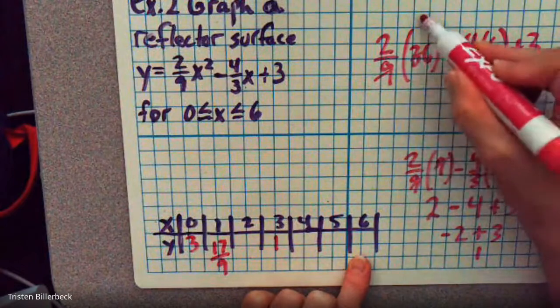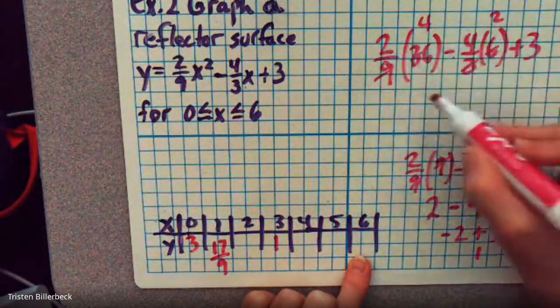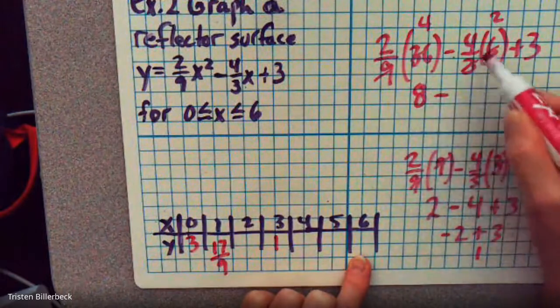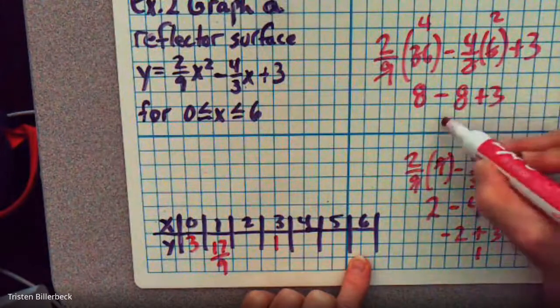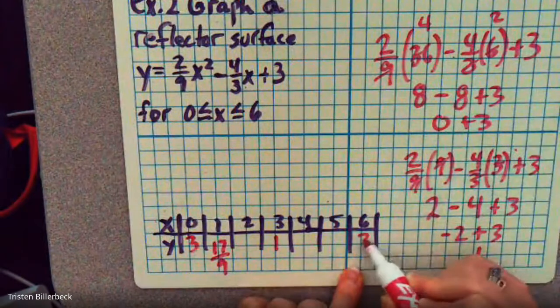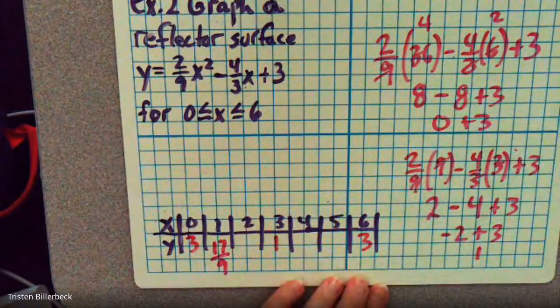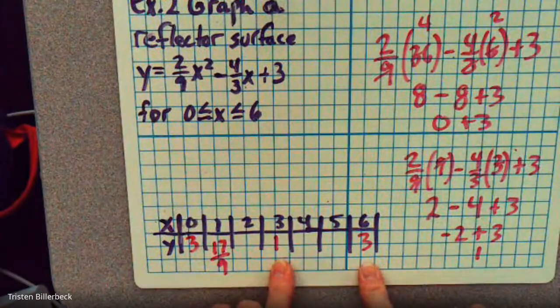So this cancels and becomes 4. This cancels and becomes 2. So I have 2 times 4 is 8, minus 4 times 2 is 8, plus 3, which is 0 plus 3, which is just 3. Look at that. 3, 3. We just found our vertex.